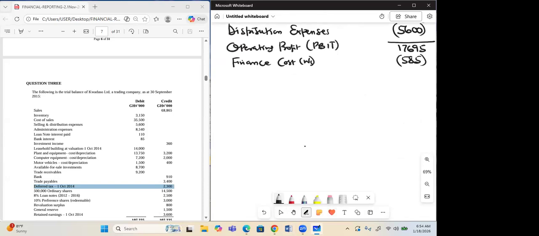Check through the trial balance. Is there any investment income in the trial balance? Yes, sir. What was it? 360. Right? Yes. When you sum all, you get profit before tax of what? 17,470.